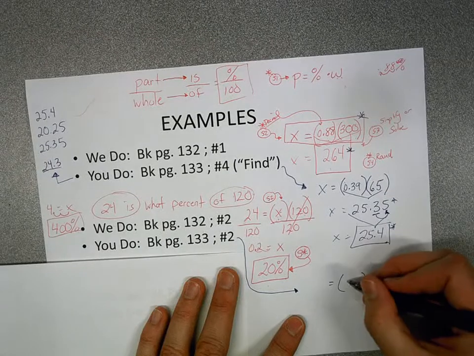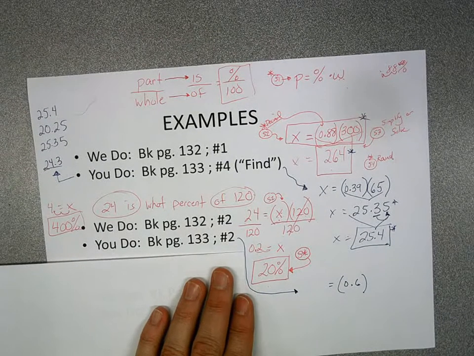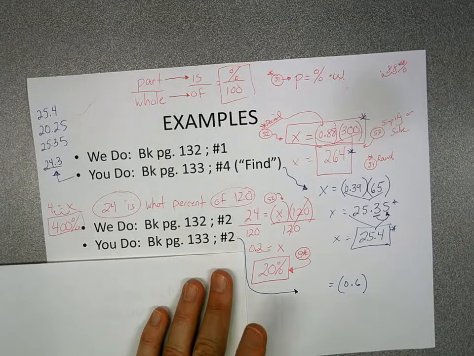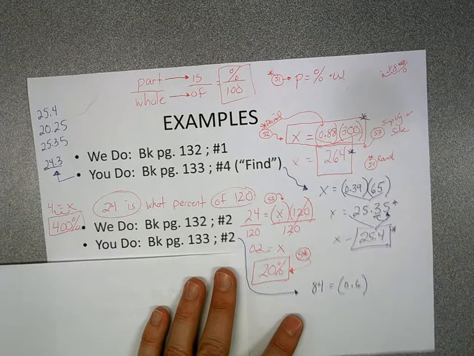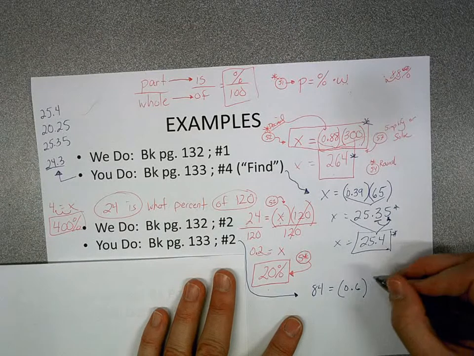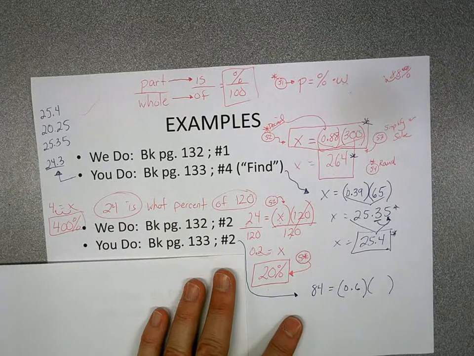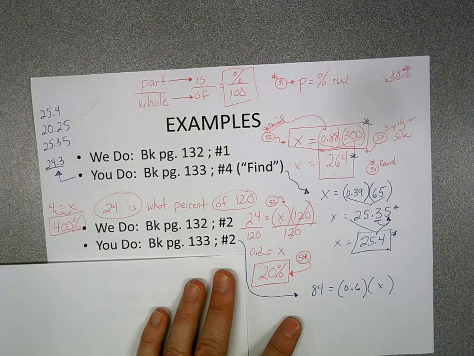It ends up being 0.6. Okay, 84 is right next to the "is," meaning that's our part. So 84 goes on that left side because that's where our part is. Of course, the "of," meaning the whole, is what we need to figure out. That's our x.